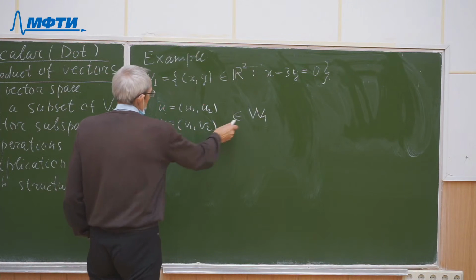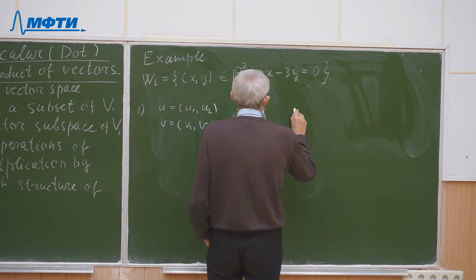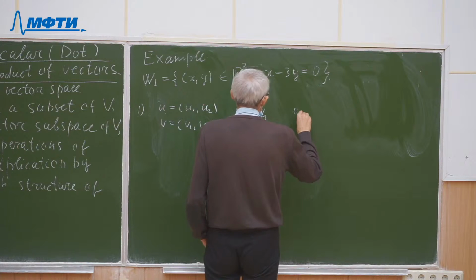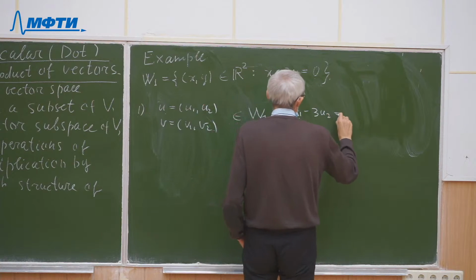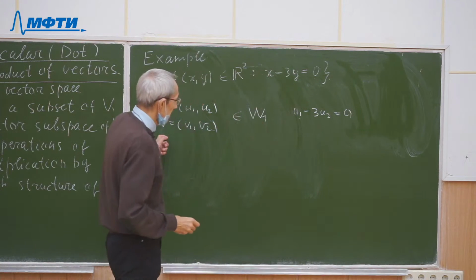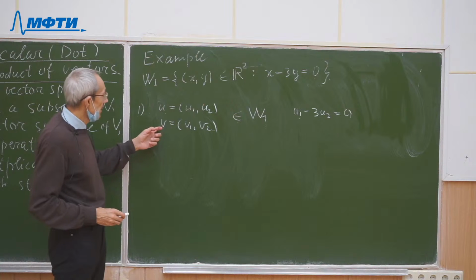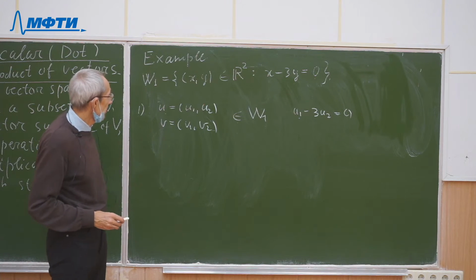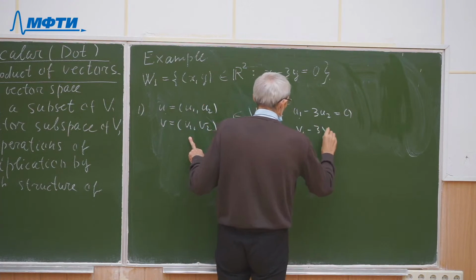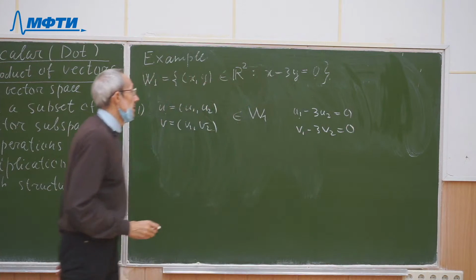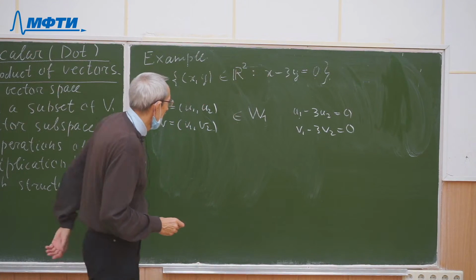What does it mean that u belongs to W1? It means that u1 minus 3 u2 is equal to 0. And such a condition is also fulfilled for the second vector, v.